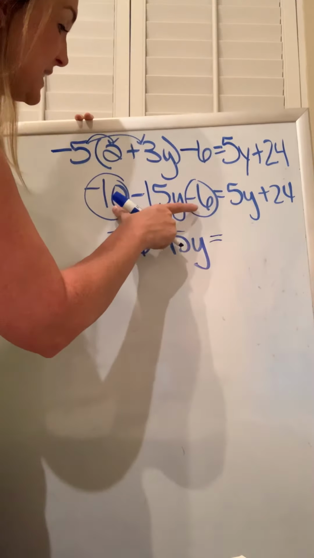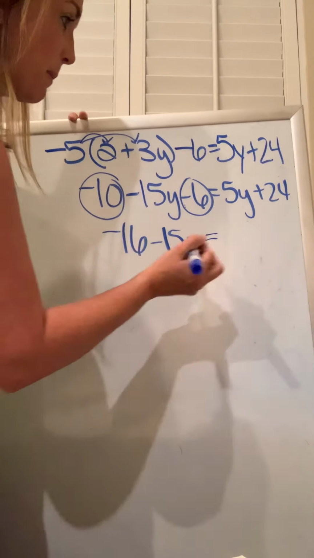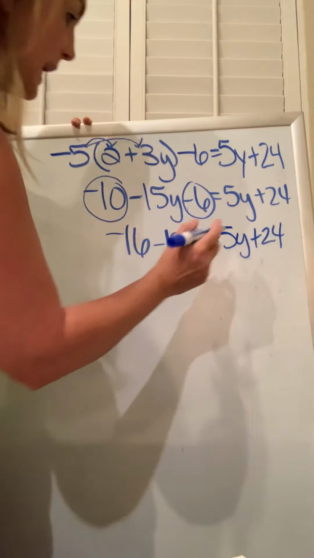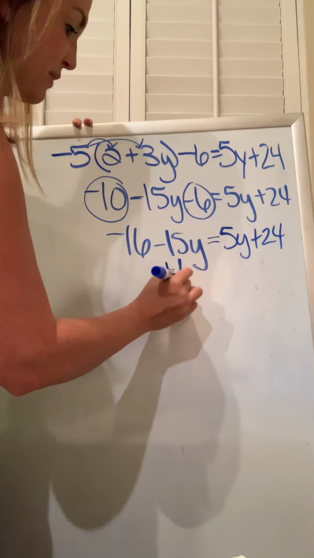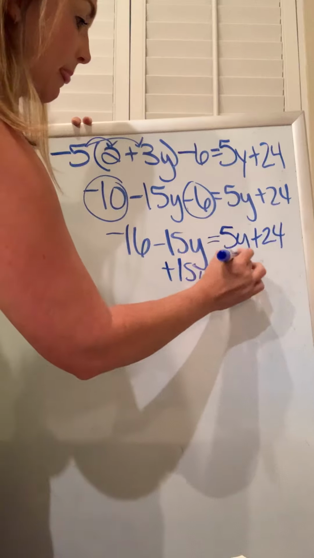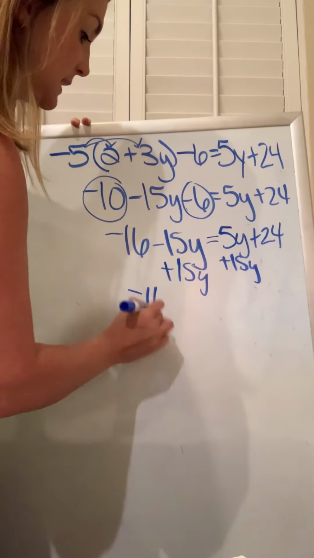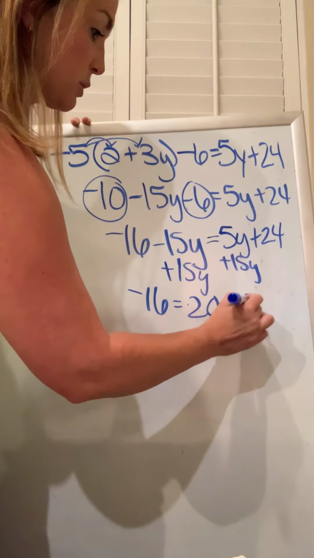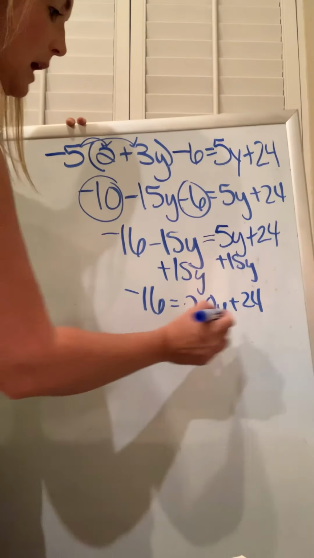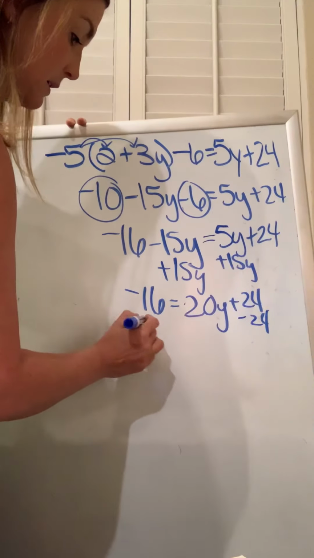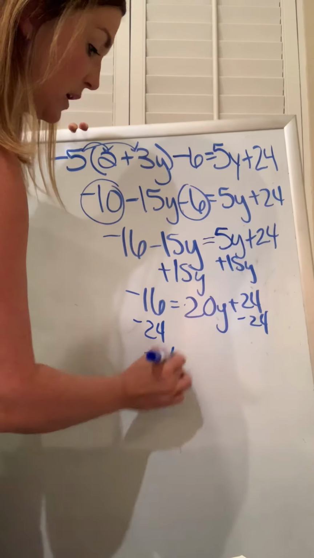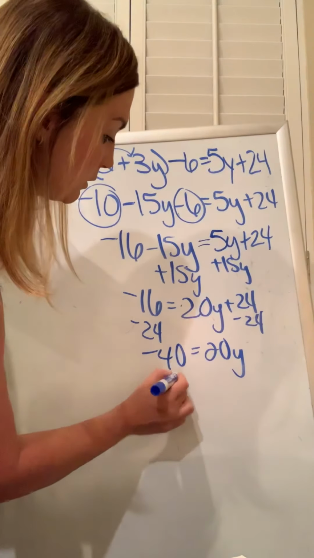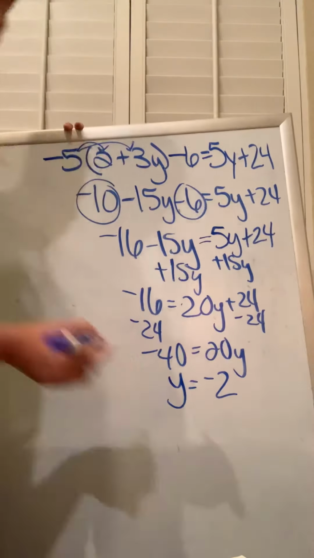These are the same side of the equal sign. So I combine 5y plus 24. Now I'm going to add my 15y. Negative 16 equals 20y plus 24. I'm going to subtract 24. Negative 40 equals 20y. So y equals negative 2.